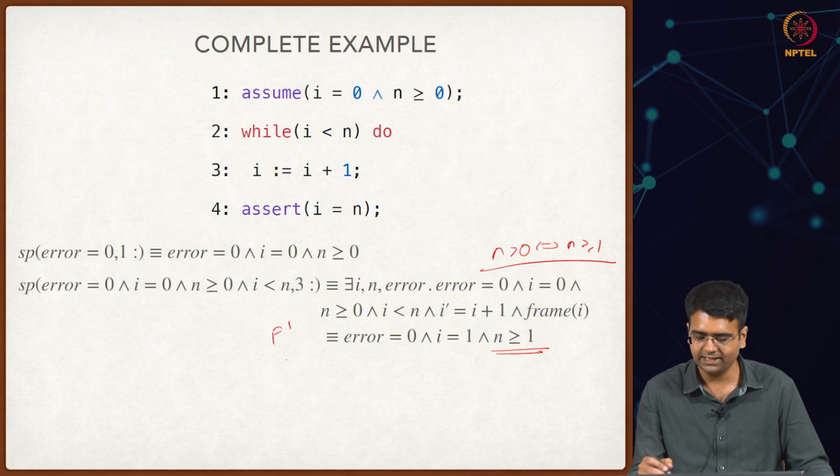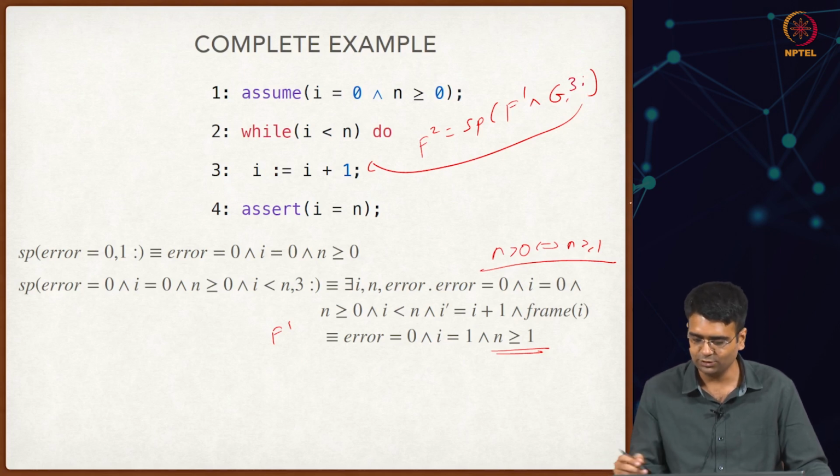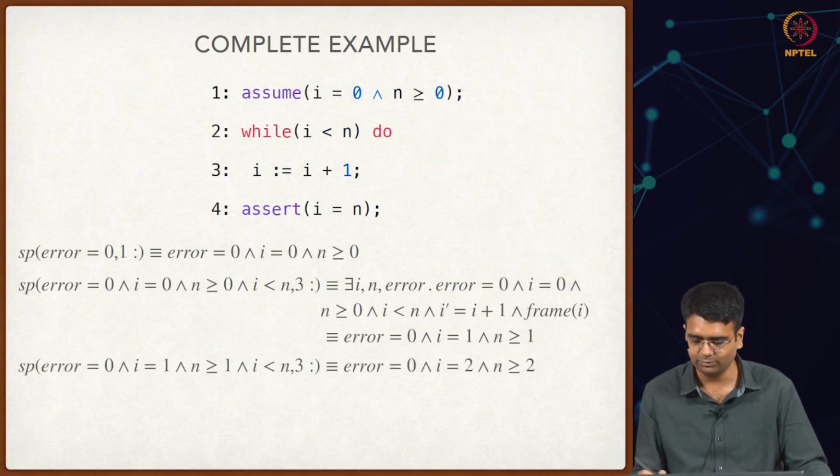Now again I need to calculate F2, right. So F2 again is the strongest postcondition of F1 and G comma C, right, where C is this statement 3. So I should say the statement 3 here, and again you can try to do this calculation, and what you will end up with is this particular state.